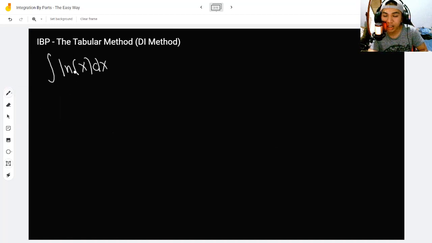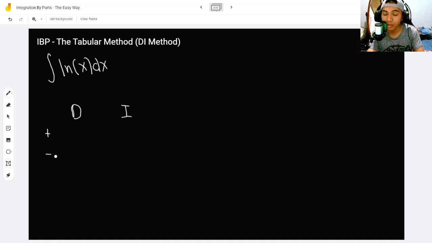We have the same integral from earlier, but now we are using the DI method. So how it works is that we set a parameter to be differentiated and one to be integrated. You can experiment with this, since we do not really want to use the LIATE method here. And then we set our plus and minus signs.